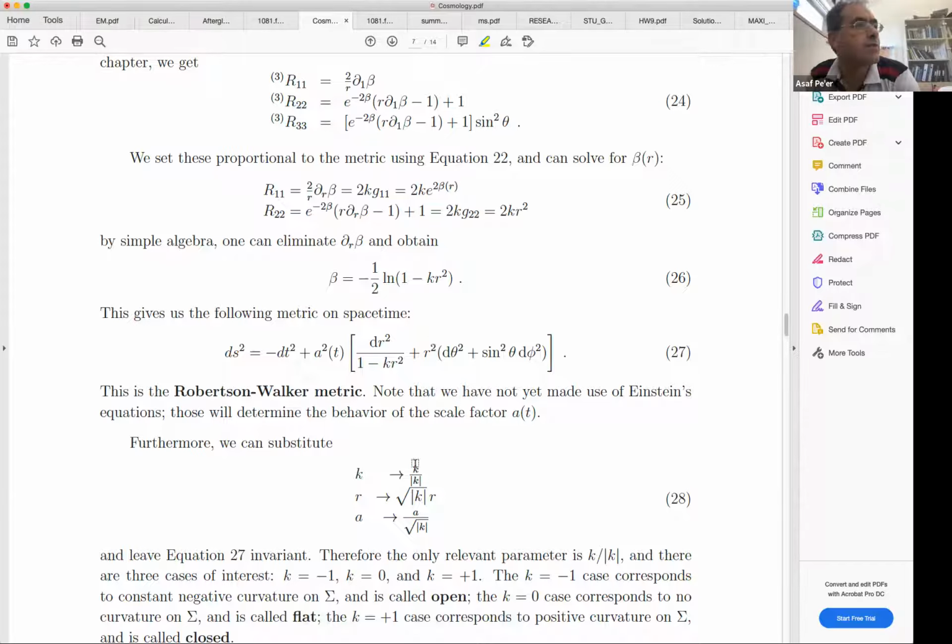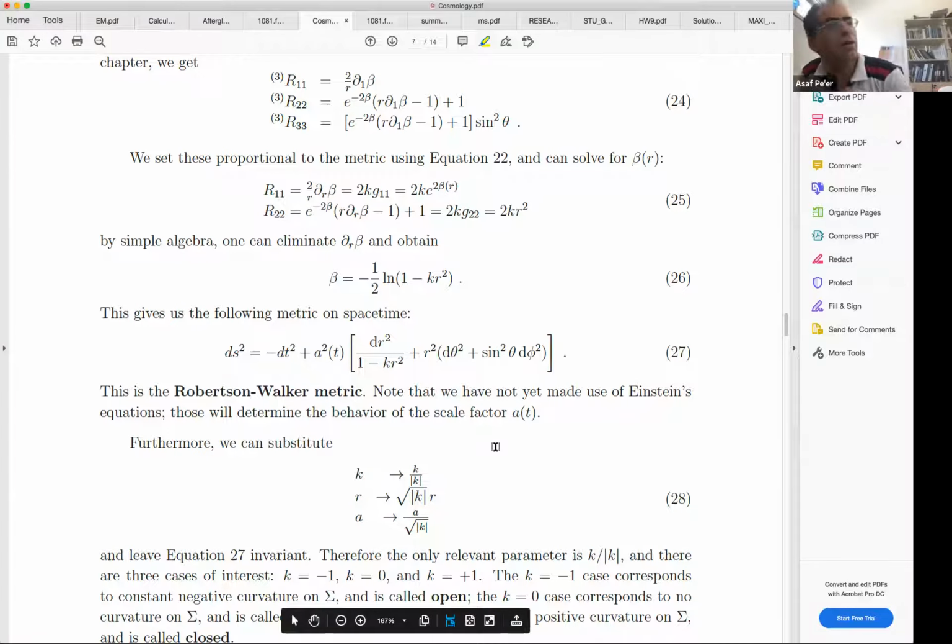right? If I'm normalizing k, I need to also normalize r, right? And then this denominator is not changed. But since I normalized r, I have an r squared, I also need to normalize a, which will multiply dr squared here and r squared here. So when I do all this renormalization, then nothing changes, right?